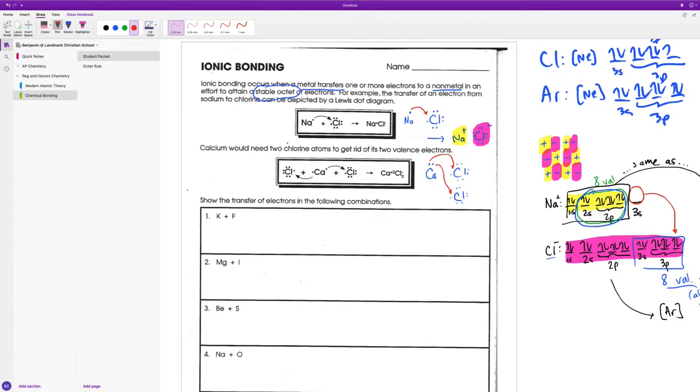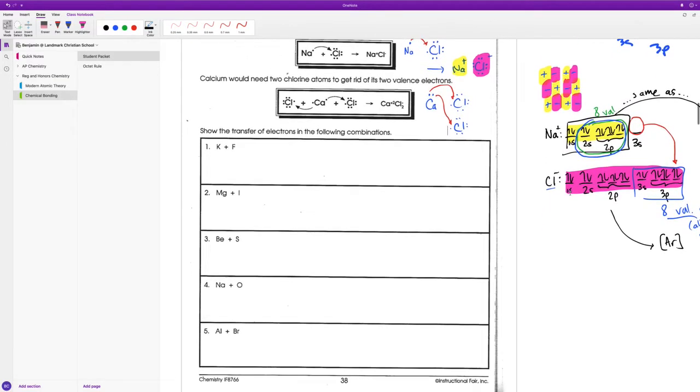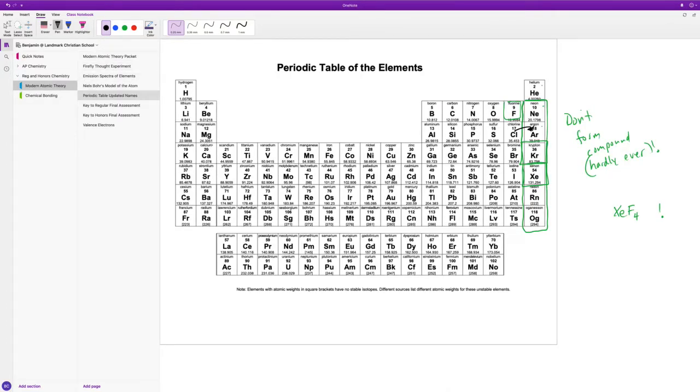And so let's analyze that. What's going on here? Well, calcium, when it was neutral, calcium is element 20. It's going to lose 2 electrons to become like argon.